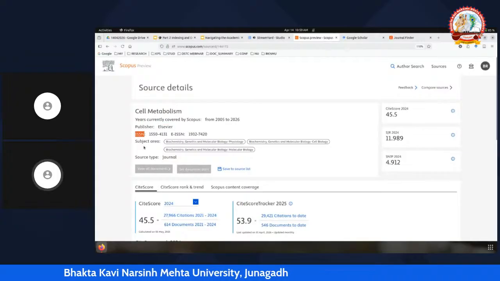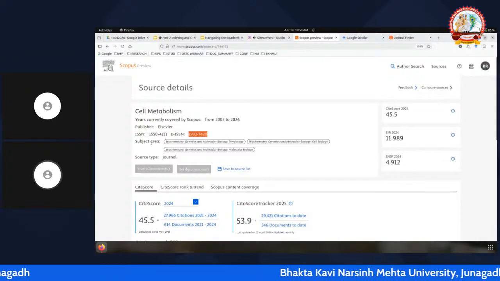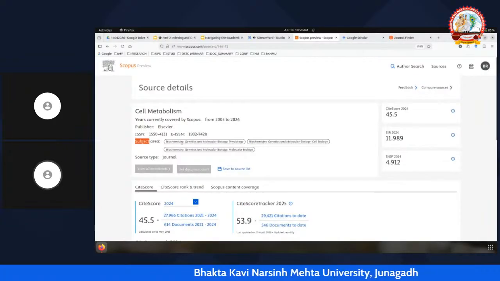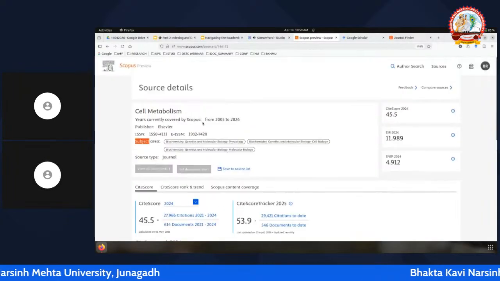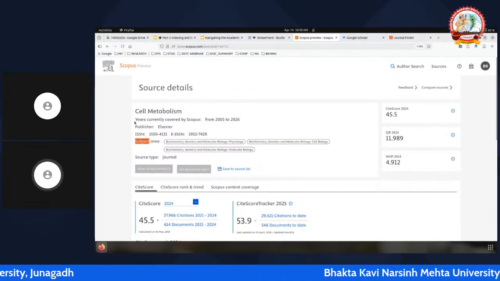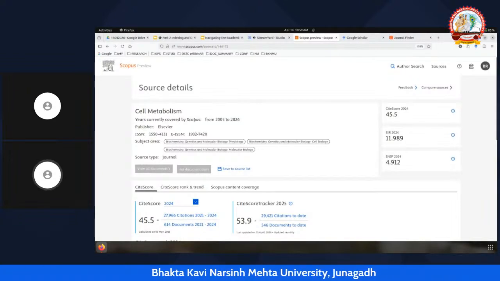Elsewhere, we have the ISSN number, that is here. Electronic ISSN number, that is here. Subject area: biochemistry, genetics and molecular biology, psychology, these are the subject areas. We have clearly mentioned the years currently covered by Scopus that we have to identify.